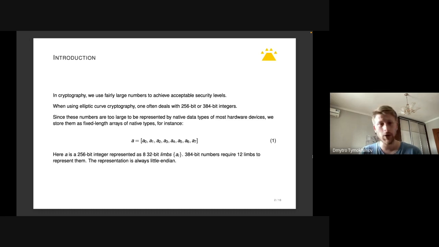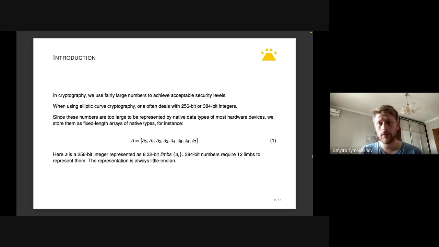But in elliptic curve cryptography specifically, to achieve the traditional 128-bit security level, we need at least 256 bits. And in some constructions, we need to also use 384-bit numbers to represent elliptic curve points.